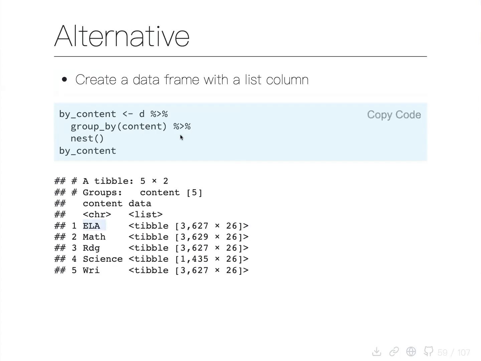So we could group by multiple variables here still, and we get 1 row for each thing that we group by, and then over here is all of the data for that grouping. Okay, so this cell of the list column is all of the data for ELA, whereas this cell is all of the data for math, etc.